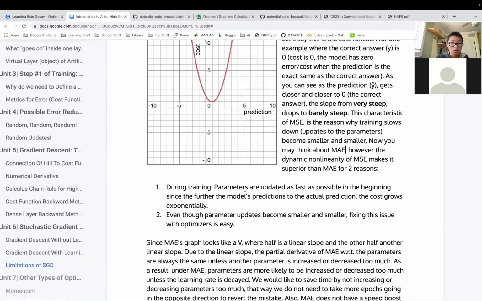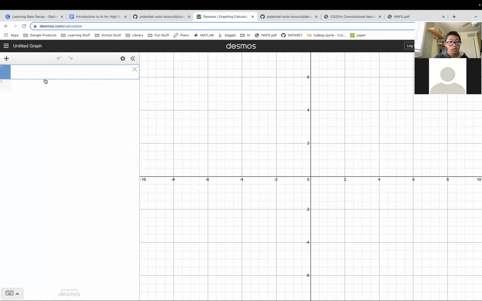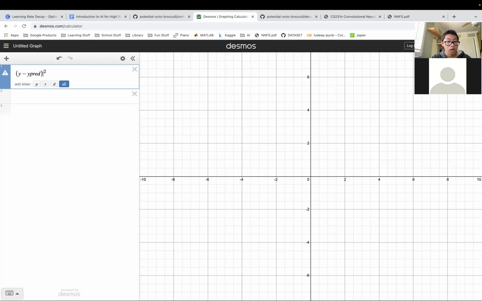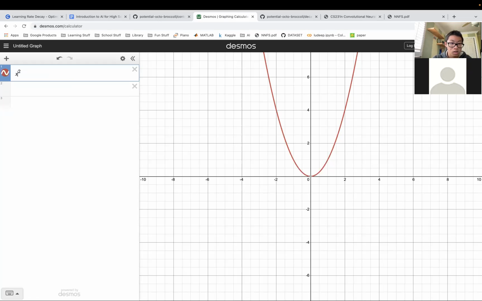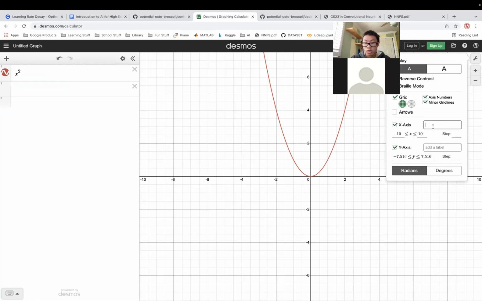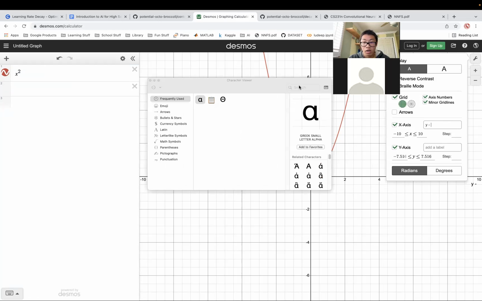If you take a look at the two different graphs, what we have is the correct value minus the y prediction, and then we square that, right? Let's just say x is equal to the difference, so it's just y minus y hat.